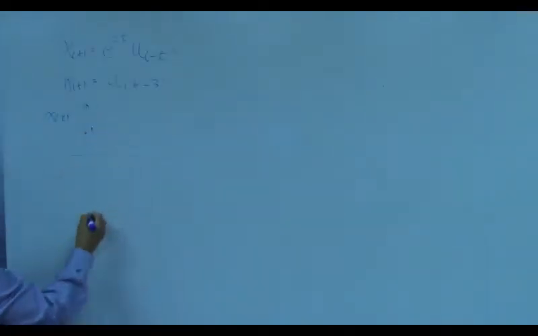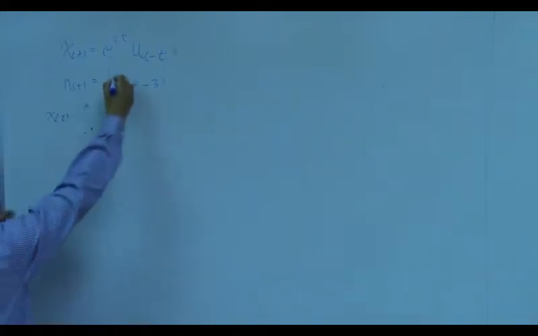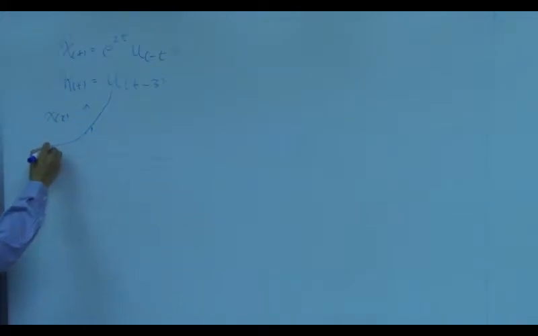And e to the 2t is the exponential. So when t equals 0, that equals 1, so that is 1 here. And when t equals 2, that will be e to the 4, which equals maybe 10. So it's like this. And when t goes to negative infinity, that will be equal to 0. So the waveform looks like this.